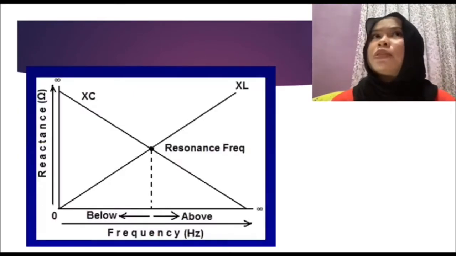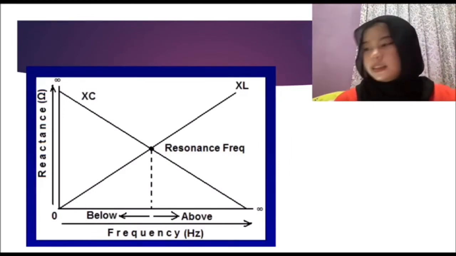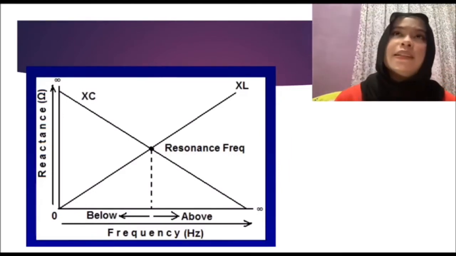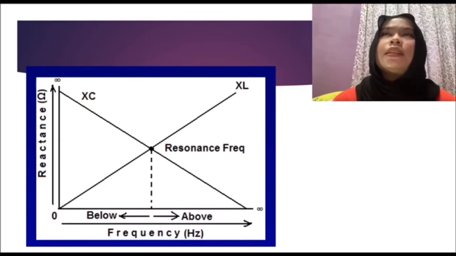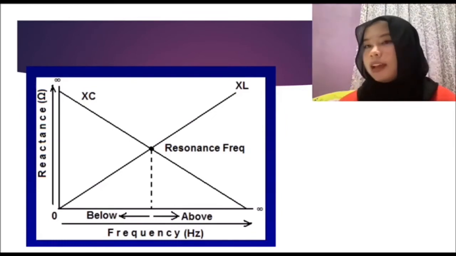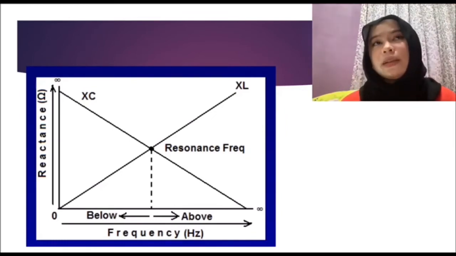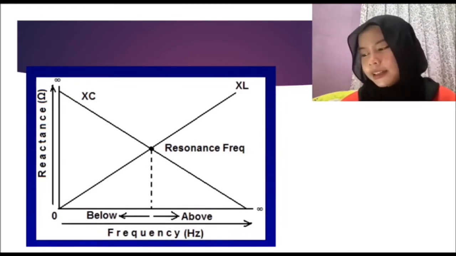There are two types of resonance, above resonance and below resonance. Above resonance, XL is higher than XC, and below resonance, XC is higher than XL.